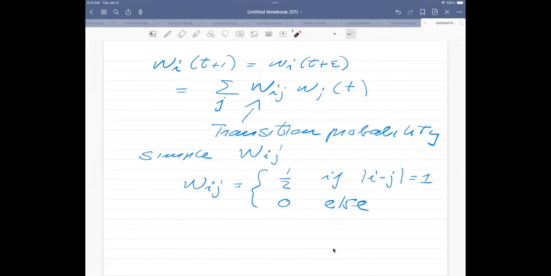Okay, so this is just a simple example where you know the probability. In the general situation, which is our case, we have no idea of what W_ij is. So we don't know.